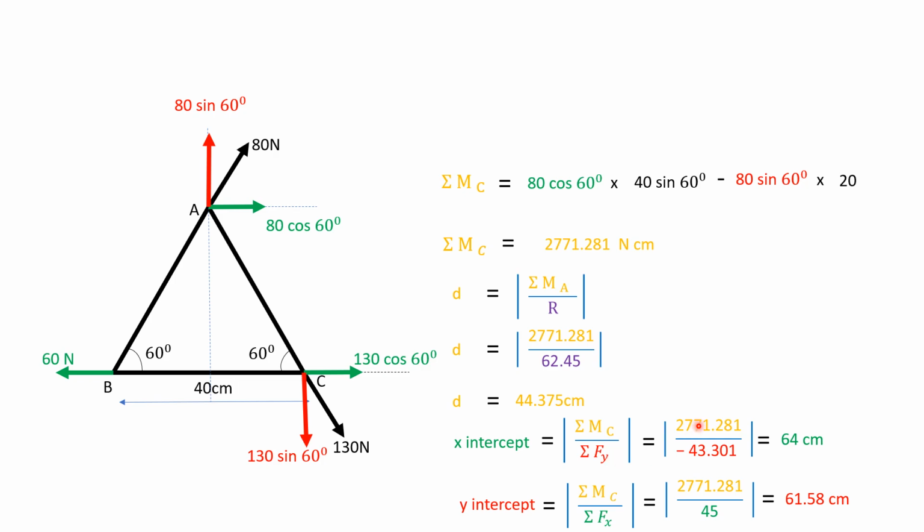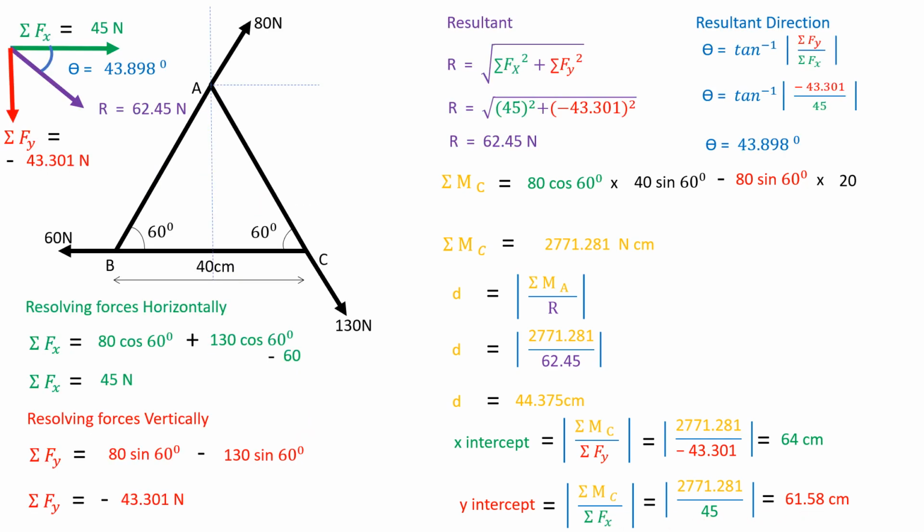Substituting values for summation MC and summation Fy, we get the x-intercept, and substituting for summation MC by summation Fx, we get the y-intercept. So we know the resultant is in the fourth quadrant.